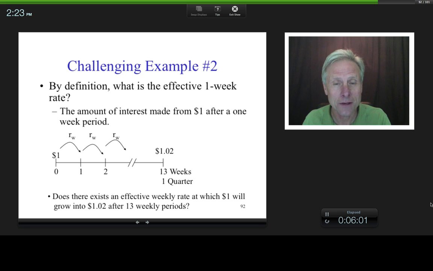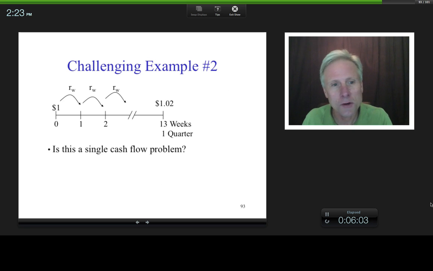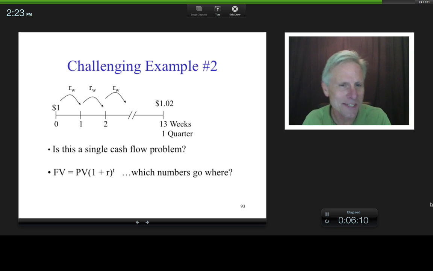rate such that $1 using weekly compounding will grow into $1.02? That exists, right? Now, is that a single cash flow problem? It is, right? So again, using the only single cash flow formula that exists, what do I put in for my FV, the later value? $1.02, right? That's my future value. That's my later value. What about my PV, present value, or the earlier value? Well, that's the 1, right? What do I put in for this R?